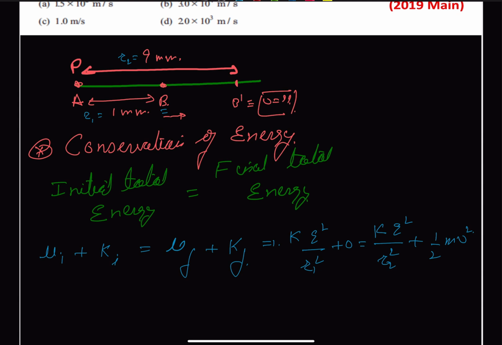And please remember, this conservation of energy is with respect to charge B. Okay.